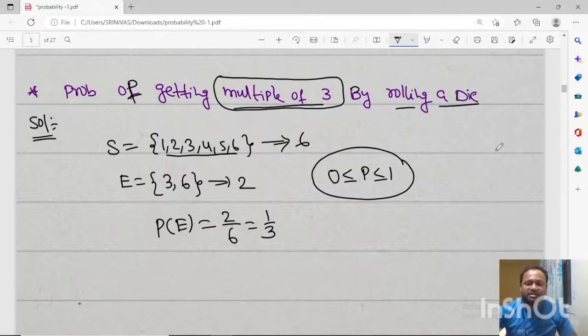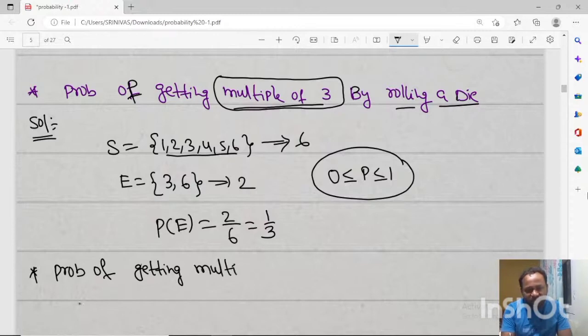Nice. In a similar way, I will give one question. What is the probability of getting a multiple of 7 by rolling a die?